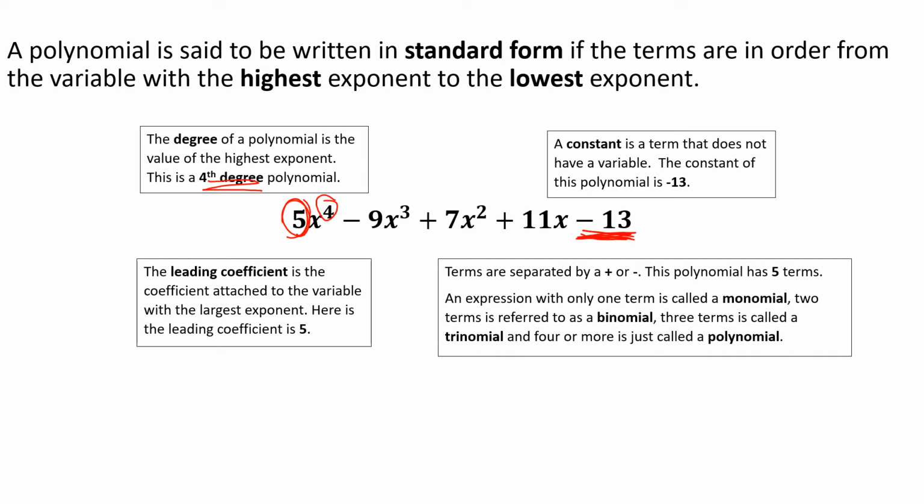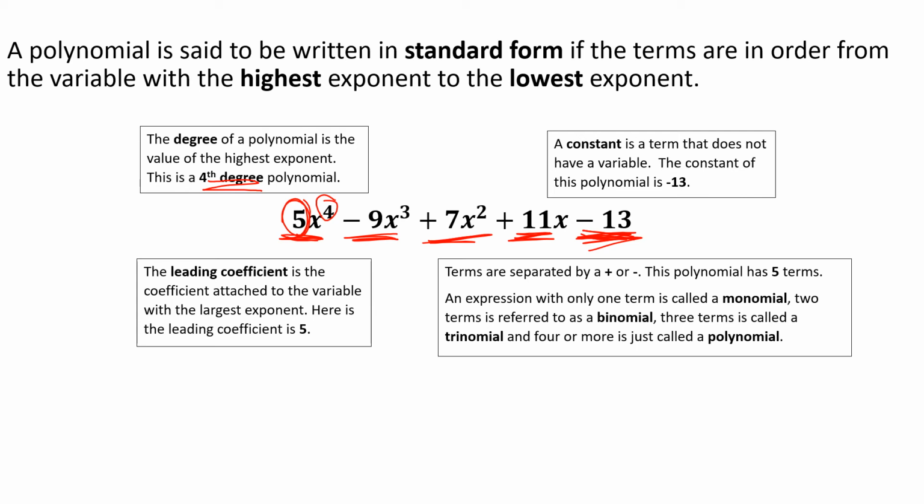So see here we have 5x to the 4th power minus 9x to the 3rd power plus 7x squared plus 11x minus 13. Every time you have a separation by a plus or a minus, that's separating a term. So this one has 1, 2, 3, 4, 5 terms.